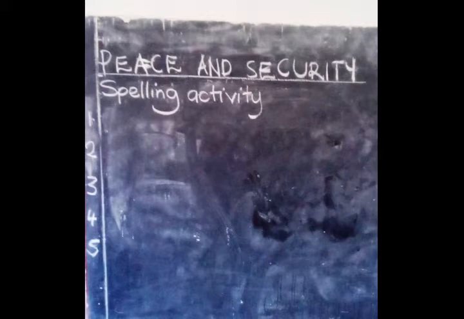Maybe I repeat the words. Number 1 is peace. Number 2 is security. Number 3 is report. 4 is statement. And then lastly, offense. Get your dictionary and we'll look up the meaning of the words in the spelling activity.